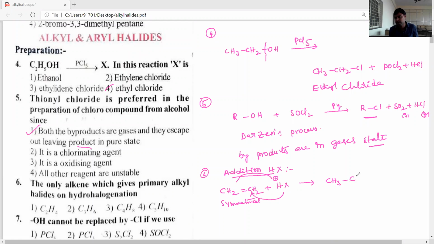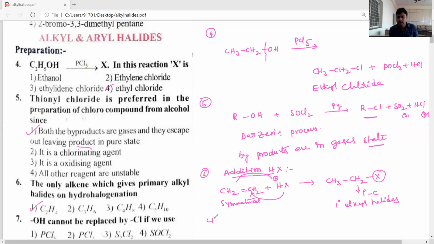Then the product is CH3-CH2X. The halogen is attached to the primary carbon, so it is called a primary alkyl halide. So which one of the following produces only primary alkyl halides? That is ethene. Let's see what about the remaining ones.